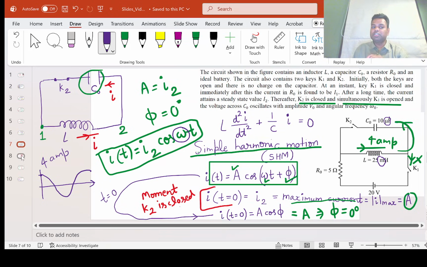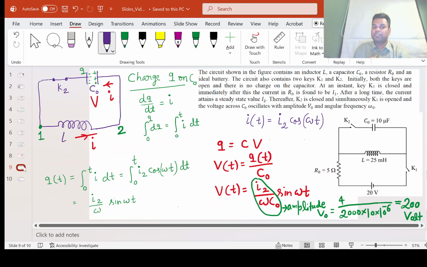And because the current is fluctuating, the current is accumulating charge on the capacitor and then releasing the charge. What is current? That is the rate of flow of charge. So I is dq by dt. So the charge at any time, q(t), can be found by integrating the current over time.